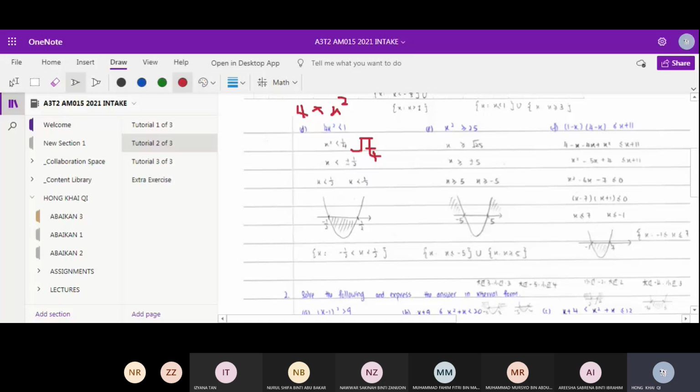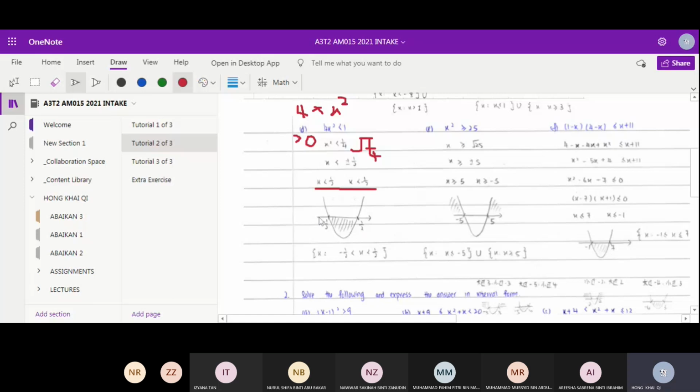Then with the two answers we get, we can draw a number line. The A is 4, more than 0, so we can draw a smiley number line, the smiley face.